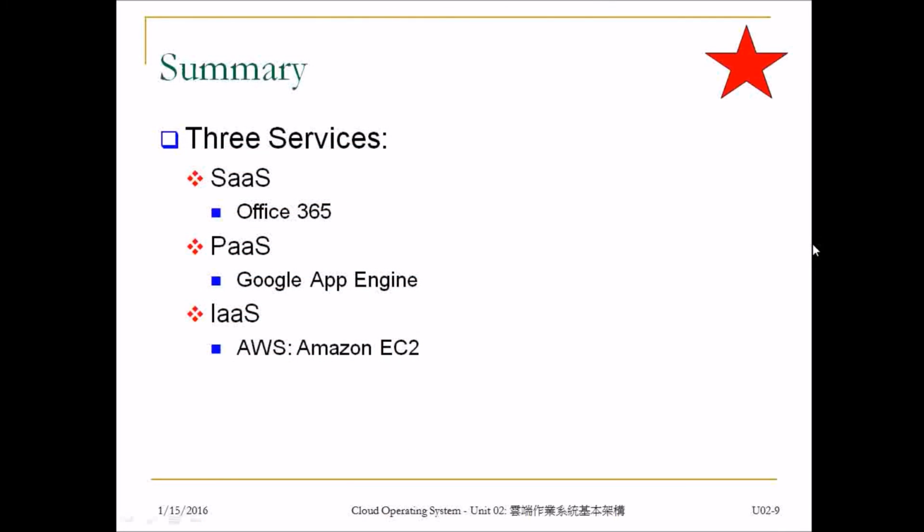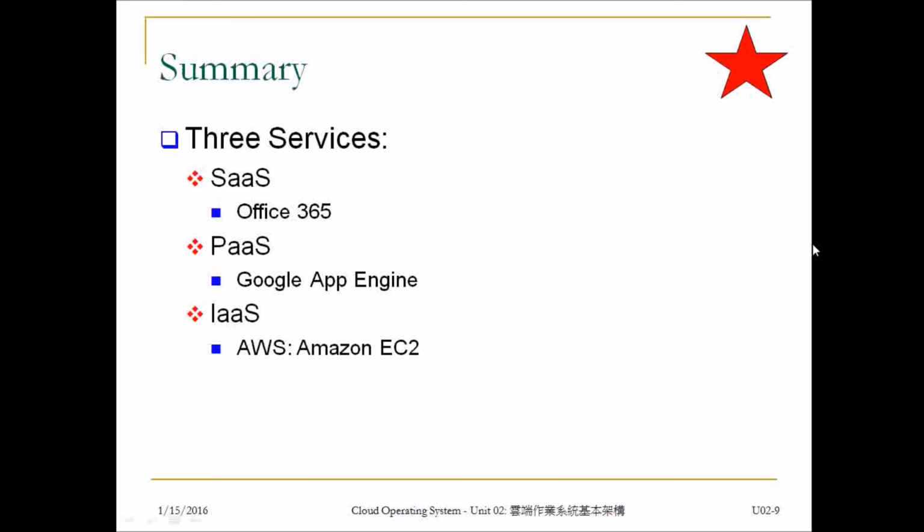Here is the short summary. Please remember that there are three main services defined. The first is SaaS, software as a service, such as Microsoft Office 365.